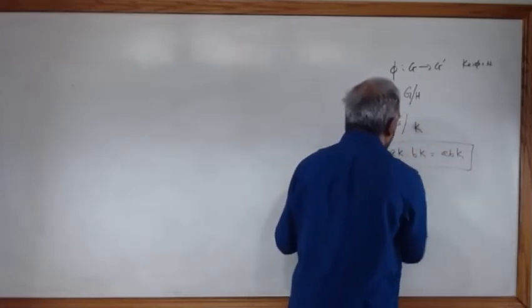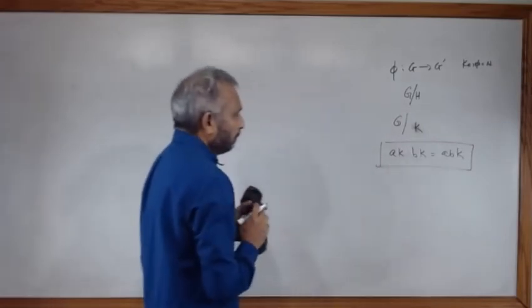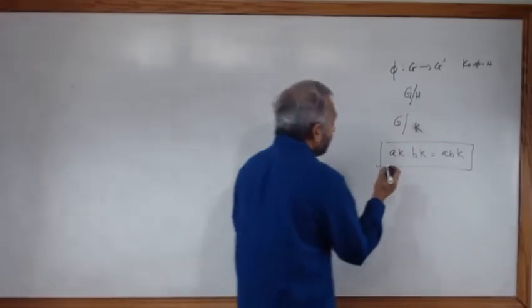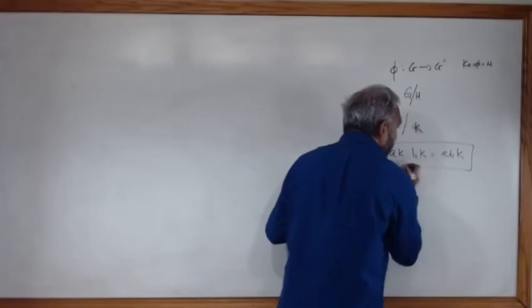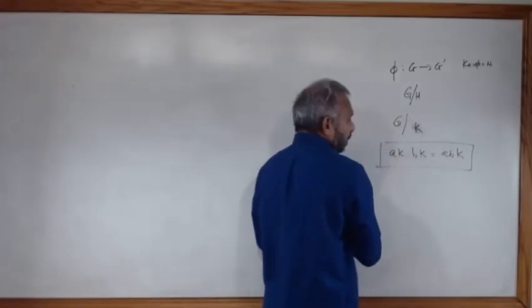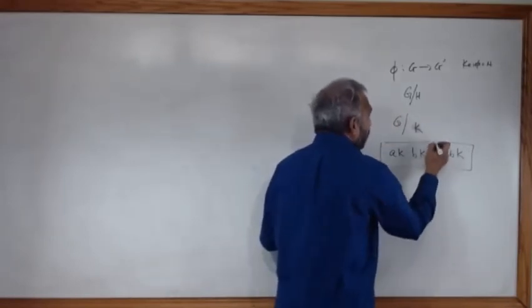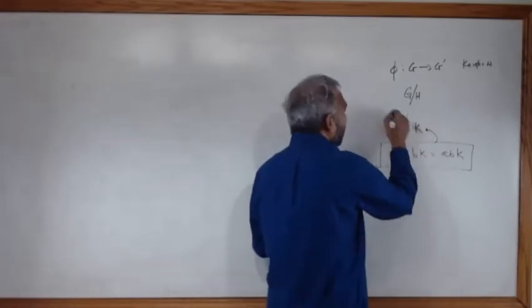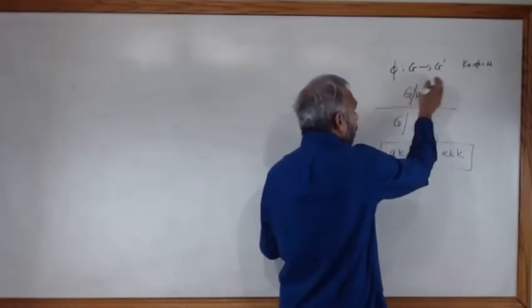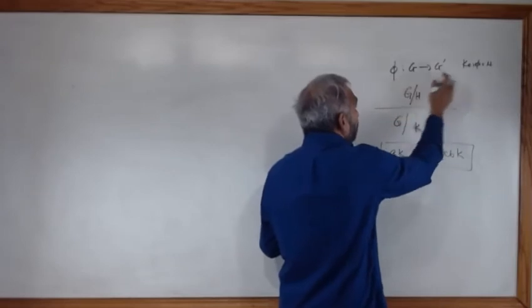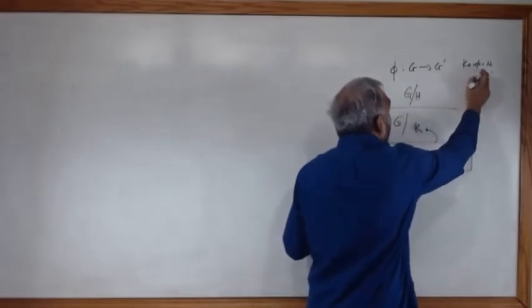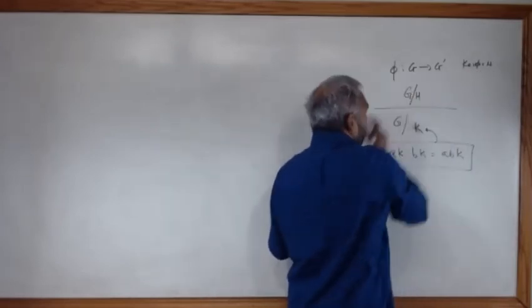This is the definition of the binary operation. So if you want this binary operation to be valid, what is the condition we need to impose on this K? K is not related to any homomorphism. If it were a homomorphism, you know that the kernel of phi is a normal subgroup of G.